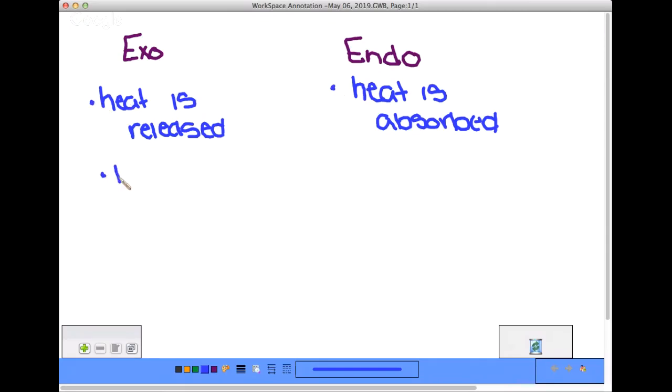If heat's released, this means that heat is a product. If heat is absorbed, this means heat is a reactant.